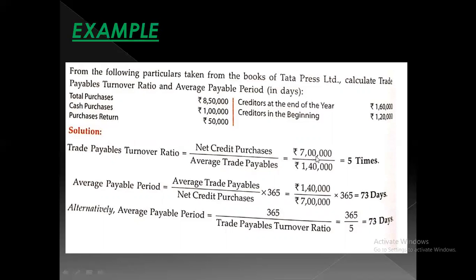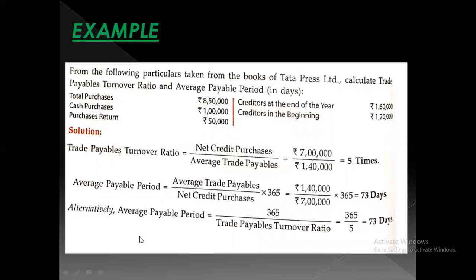So trade payable turnover ratio will be 7 lakh divided by 1,40,000. It is 5 times. And the average payment period is average trade payable divided by net credit purchase into 365. This will become 73 days.